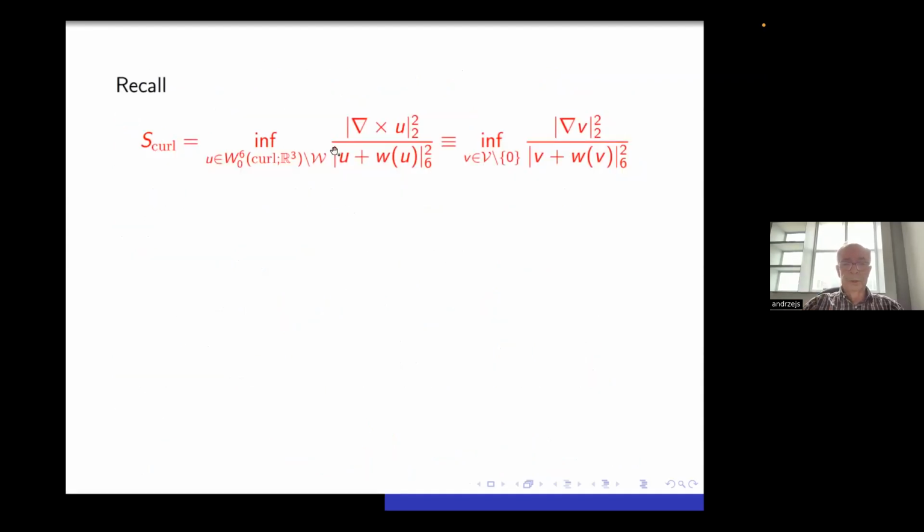So now S curl is equal to the infimum of this, where curl U can be replaced by the gradient of V, and instead of taking the maximum of U here, we simply take V plus W of V here.